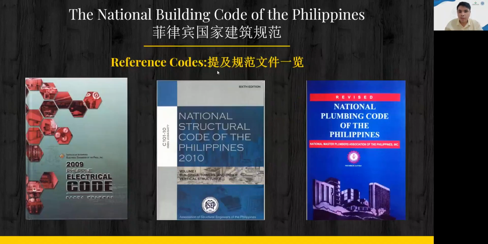So the National Building Code has reference codes for different specializations in construction. So here are the reference codes. This one is the Philippine Electrical Code that provides minimum requirements for electricity and power supply of buildings.